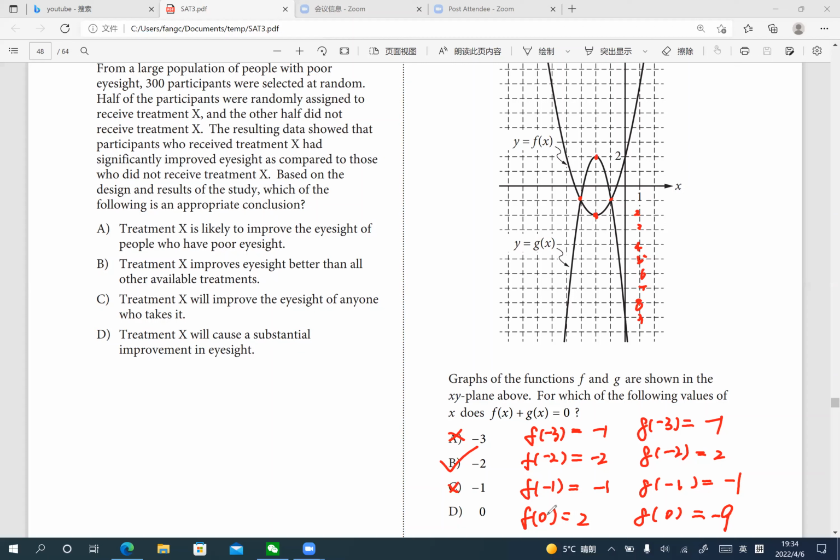Option D, f(0) equals 2, and g(0) equals -9. So 2 plus -9 is not equal to 0, so option D is not correct. So we should choose option B.